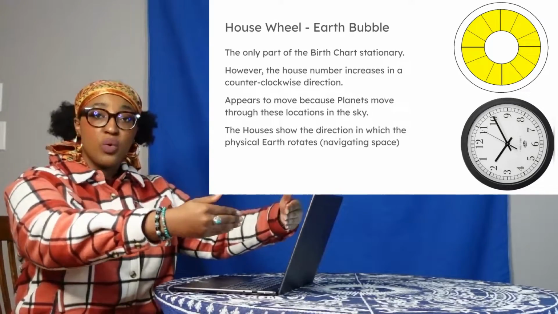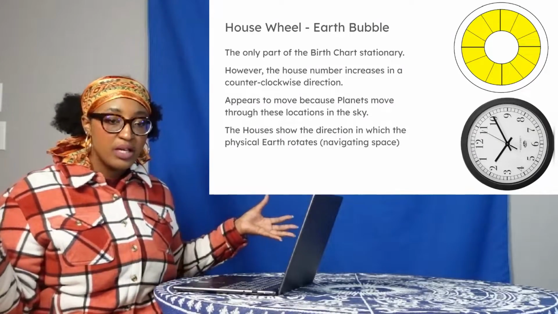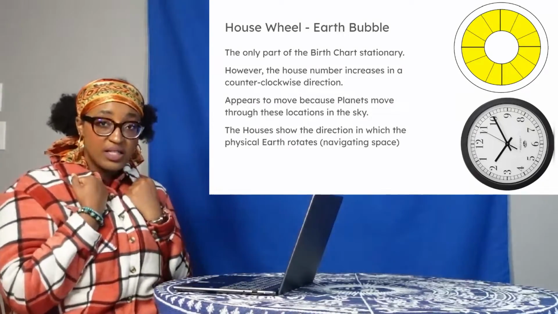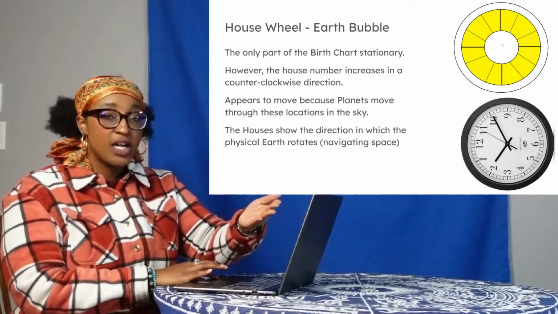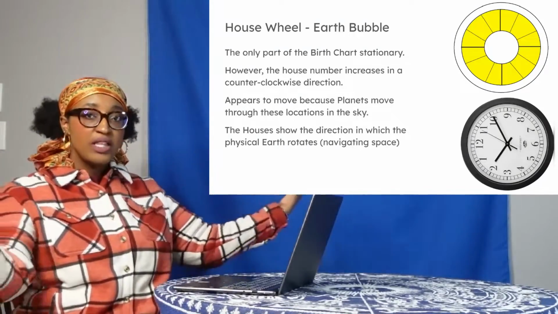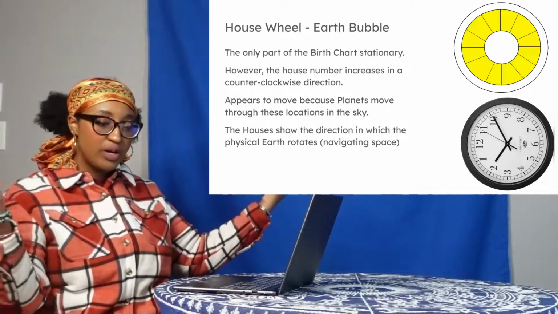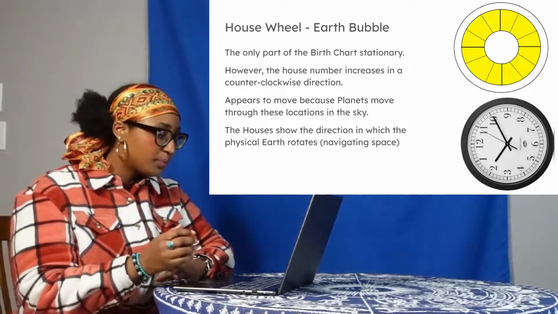So think of it like an aura or a bubble. If you're like a hamster in a bubble, you're inside. For example, this is Earth. You're inside Earth, and then you have something projected around you that surrounds you, and this is what affects you internally, because this is how the planets move.